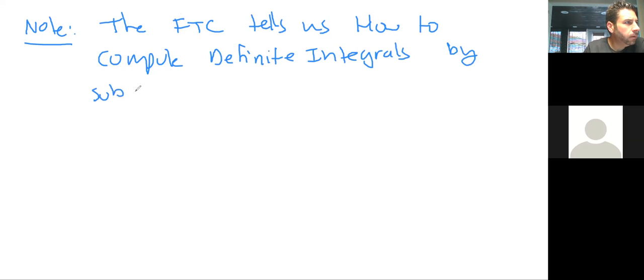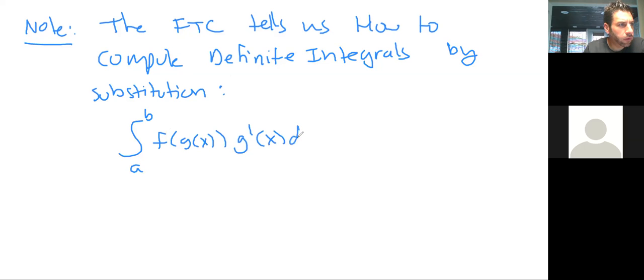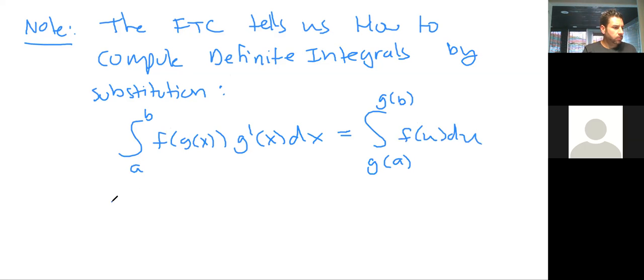Now remember, what I'm going to write is going to look scary, but don't overthink it. If I have the composition of 2 functions f and g, and my integral looks like this, then I can easily use substitution to get a simpler integral when u is equal to g of x.